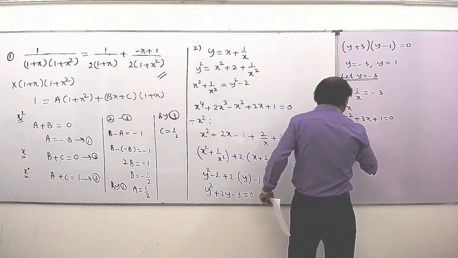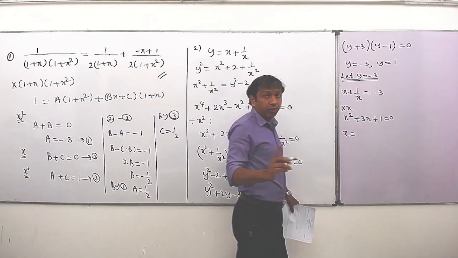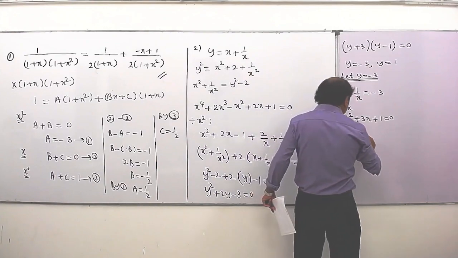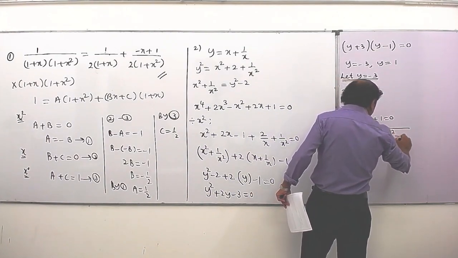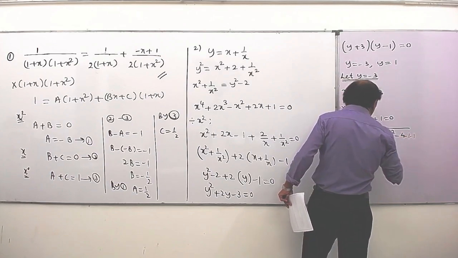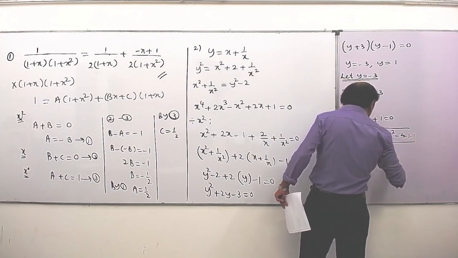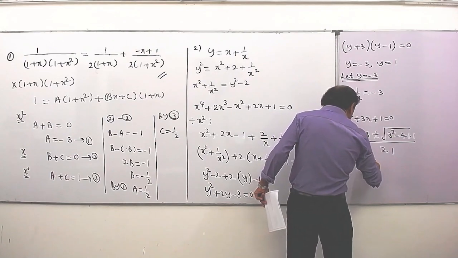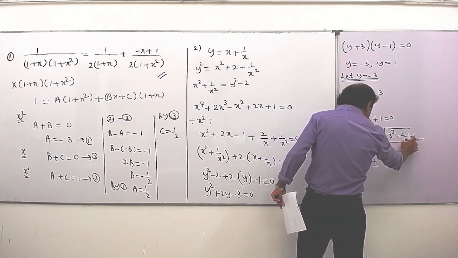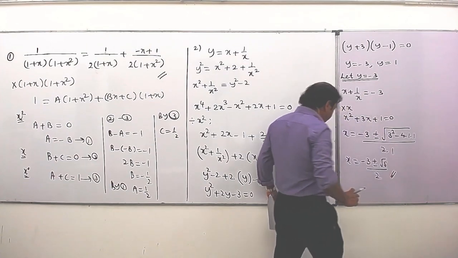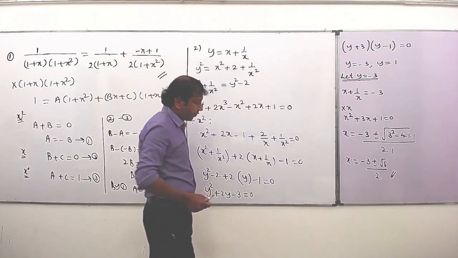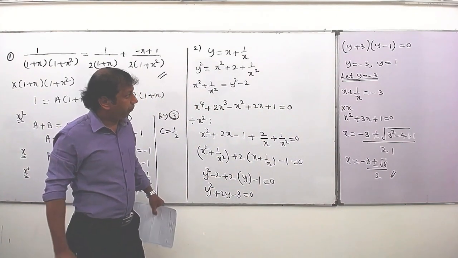We can apply that formula, minus b, minus 3, plus or minus square root of b squared, 3 squared, minus 4 into a into c, divided by 2 into 1. By simplifying this, right, here we get 9 minus 4, it's 5, root 5, divided by 2. We get two answers. One is by plus sign, other one by minus sign.